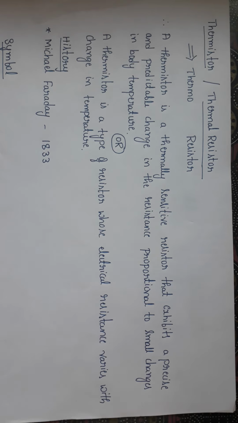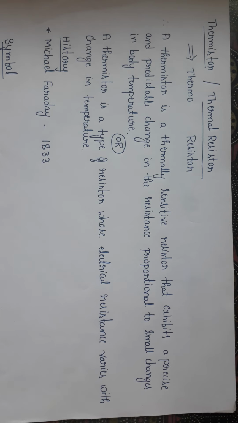Or we can define the thermistor in another way: a thermistor is a resistor whose electrical resistance varies with the change in temperature. If the temperature of the circuit or of a device changes, its electrical resistance also varies.